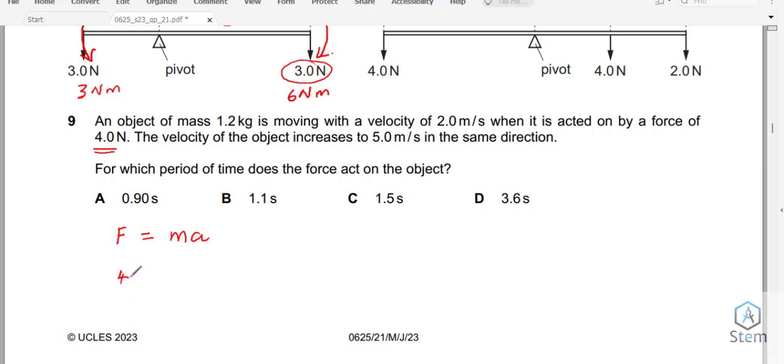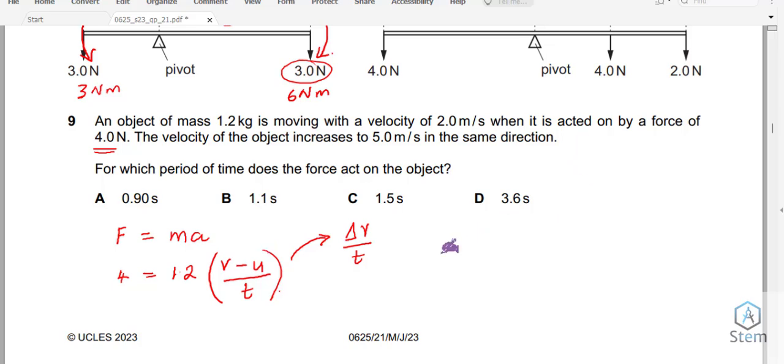So we have 4 equal to the mass of the object, which is 1.2, and the acceleration is equal to V minus U divided by T. This is final velocity minus initial velocity divided by time. This is the formula for acceleration. You may have been given this formula as delta V divided by T. That is the same thing.